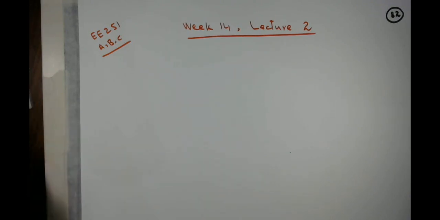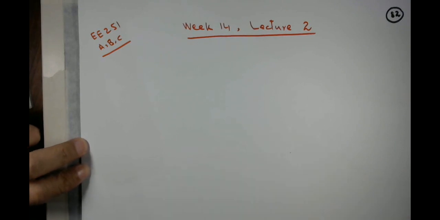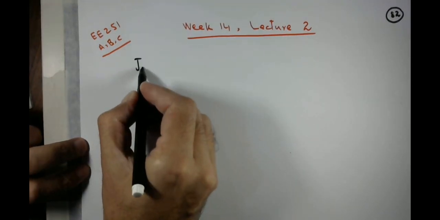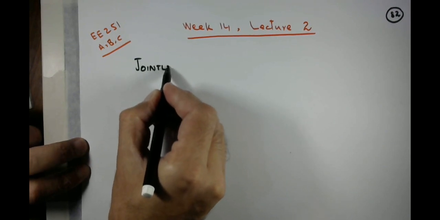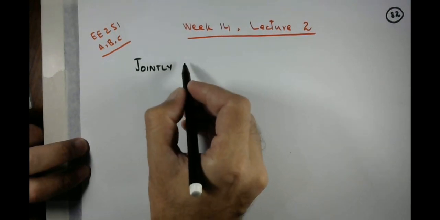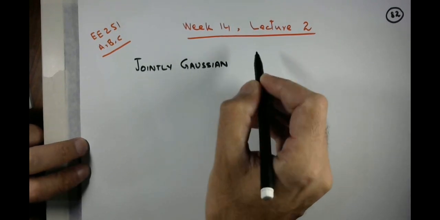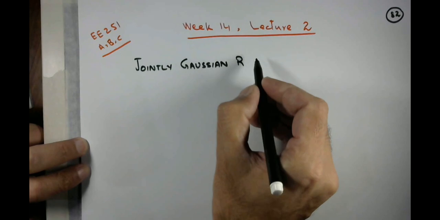Dear students, I'll start lecture number 2 of week number 14, and in the initial part of this lecture I'll discuss jointly Gaussian random variables. So the first topic in today's lecture is jointly Gaussian random variables.